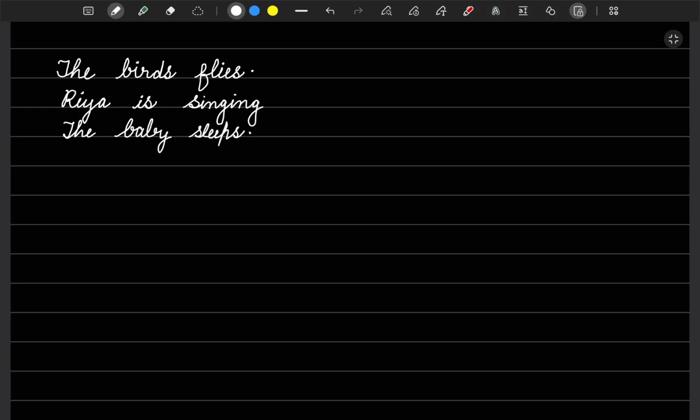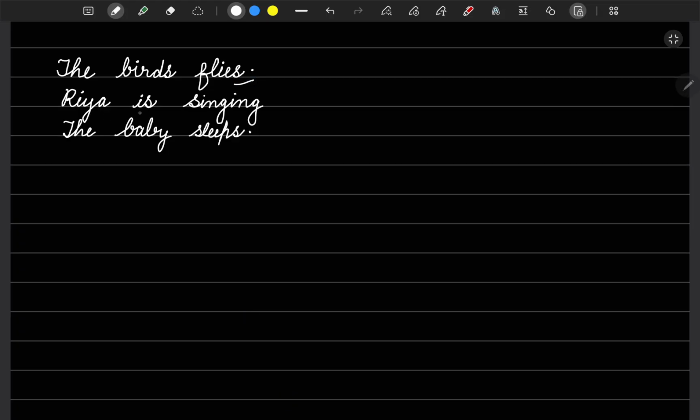So here are some sentences. First is the bird flies, Ria is singing, the baby sleeps. Now can you tell me what the bird is doing, what Ria is doing, what the baby is doing?